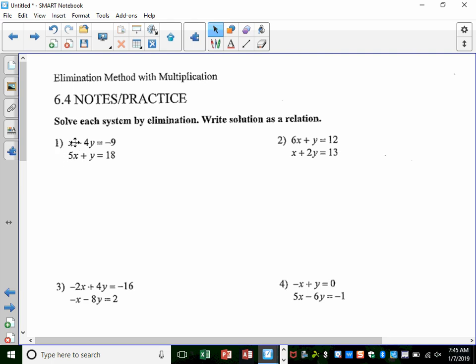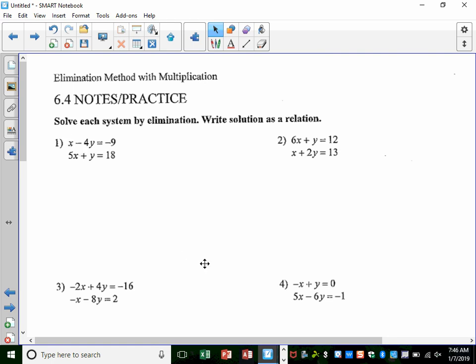So notice that in this problem, you don't have any coefficients that are either the opposites of each other or the same. Like I don't have a 1 here and a 1 here, or a negative 4 and a positive 4 here. So that means I have to decide how I am going to eliminate one of these variables.